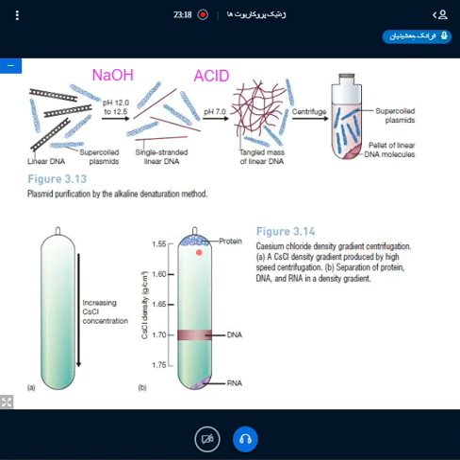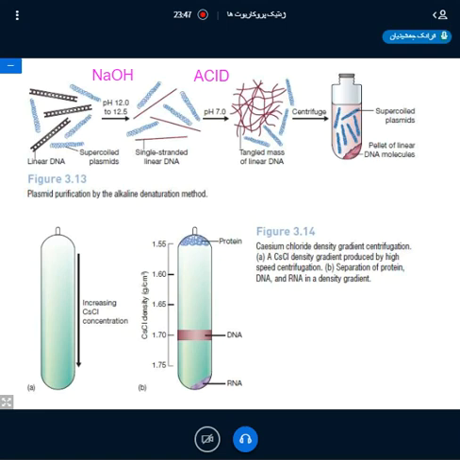We have one column which has cesium chloride inside, and we centrifuge, and because of the density gradient, we have separated parts of the cell extract.